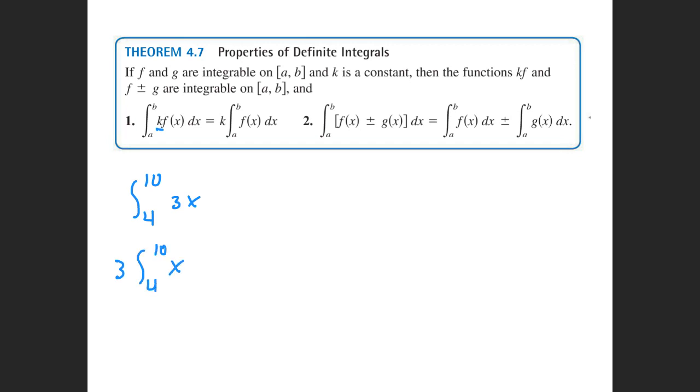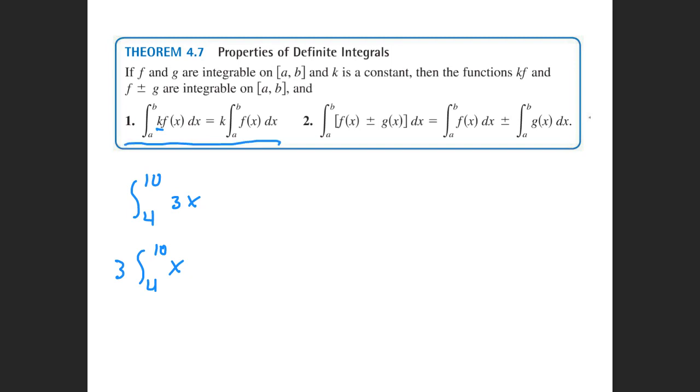That constant can be brought out to the front. Makes no difference. Most of the times we don't, we just leave it in there, but sometimes it's worth pulling it out. So that's basically what this first one says.